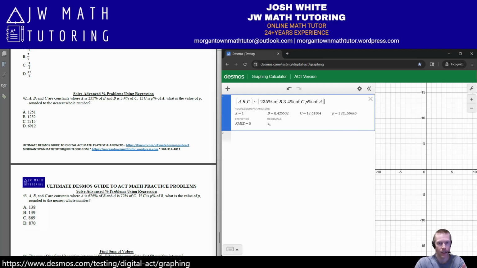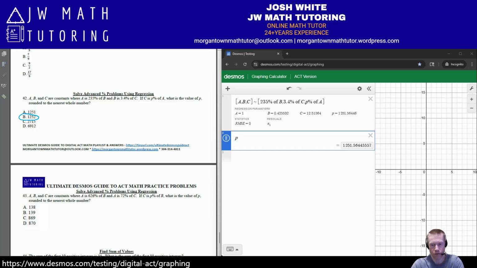Okay, so notice it automatically filled in and chose values for A, B, and C. Therefore, I have the value of P, and it asks, what is the value of P rounded to the nearest whole number? Notice it is 1251.56. So the 5 immediately after the decimal will round the 1 up to a 2. So the correct answer for this one should be 1252. It is letter B, and that is how you can solve this problem entirely in Desmos.